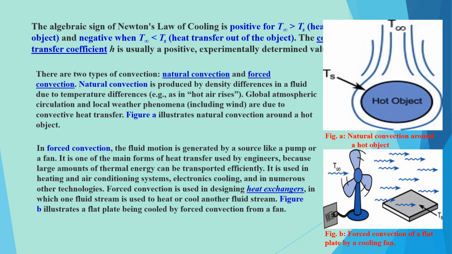It is used in heating and air conditioning systems, electronics cooling, and in numerous other technologies. Forced convection is used in designing heat exchangers, in which one fluid stream is used to heat or cool another fluid stream. Figure B at the right illustrates a flat plate being cooled by forced convection from a fan.